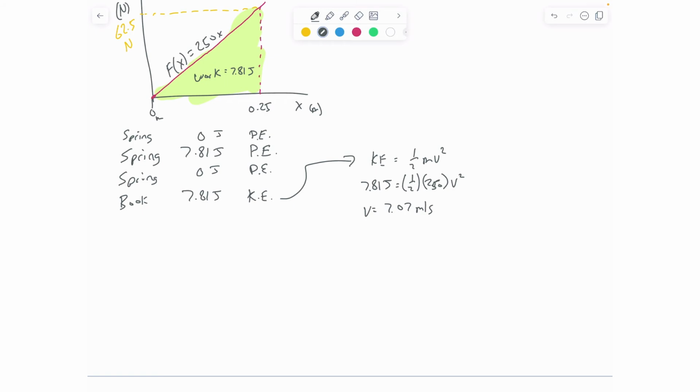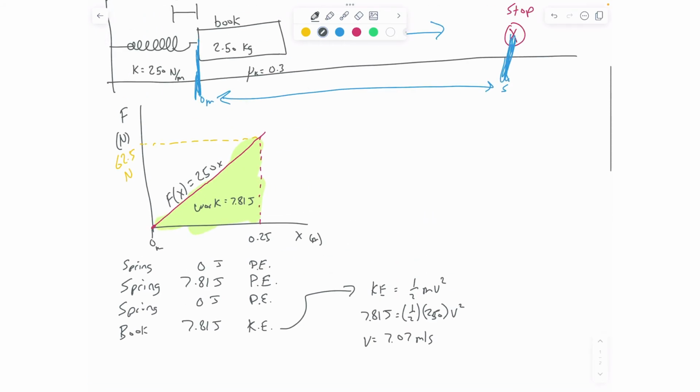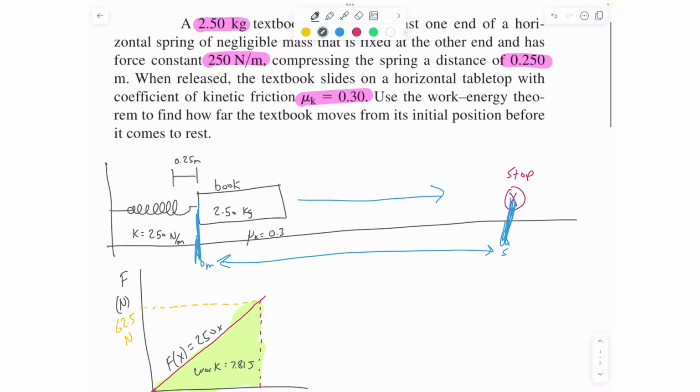So the book will initially have a velocity of 0 meters per second, but after you release the spring, it'll go to 7.07 meters per second. So now the book is traveling at 7.07 meters per second. That's pretty cool.